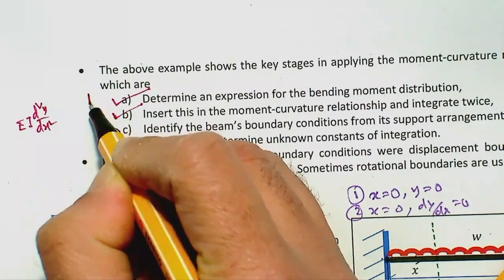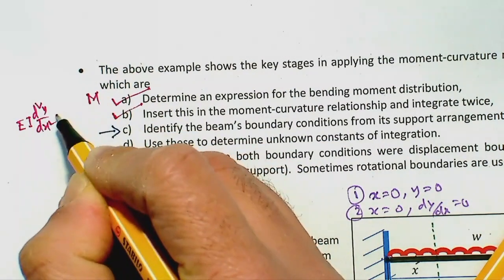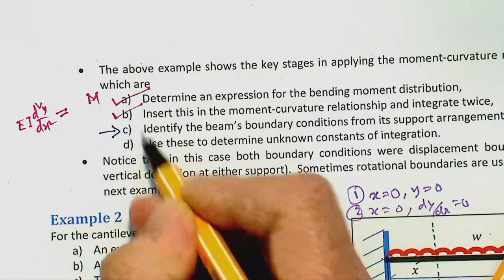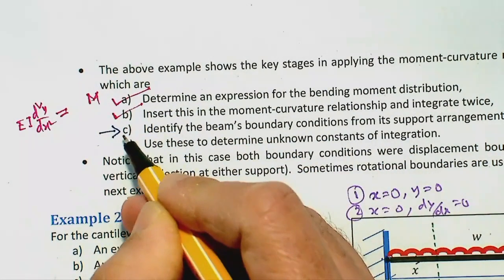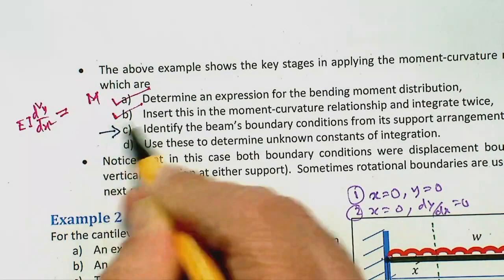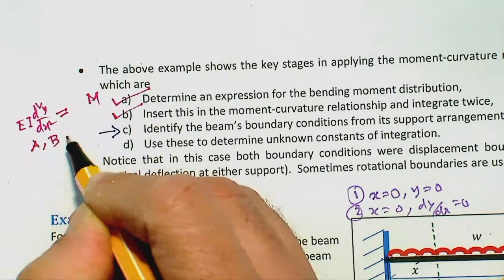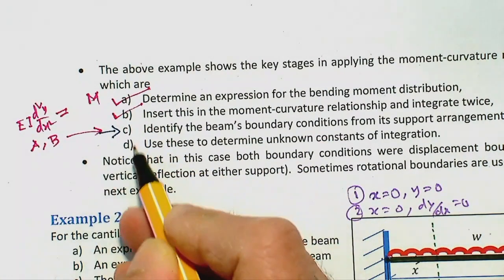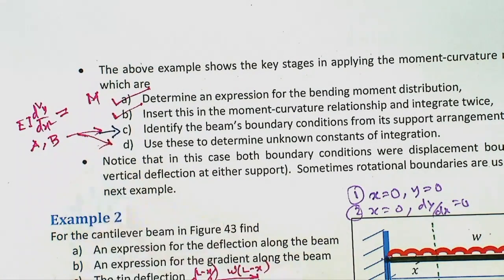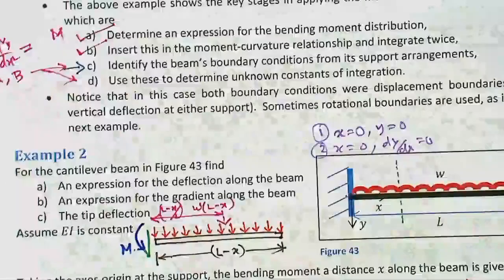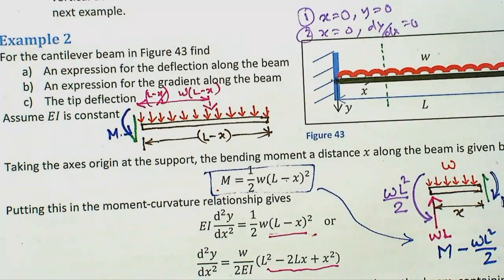So in the first step you calculate the moment, in the second step you equate that to EI d2y/dx2 and then integrate twice, and in the third step you identify the beam's conditions to get the integrating constants A and B, and finally the third and fourth steps primarily determine the unknown constants. So this is nothing more complicated than, as you could see, calculating the bending moment expression, and that is probably the most difficult bit, and the others are fairly straightforward.